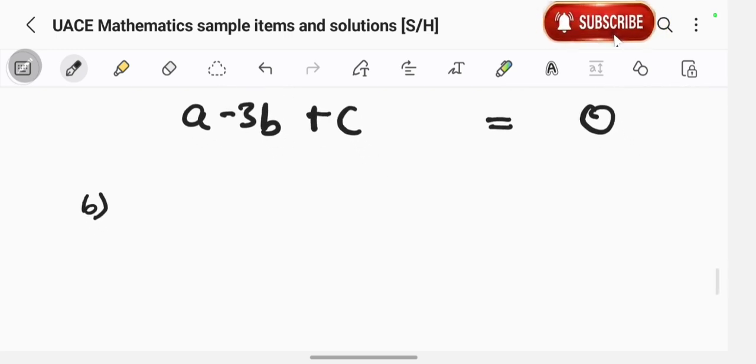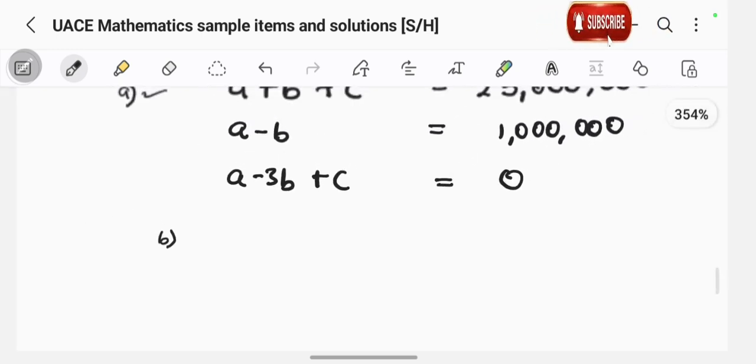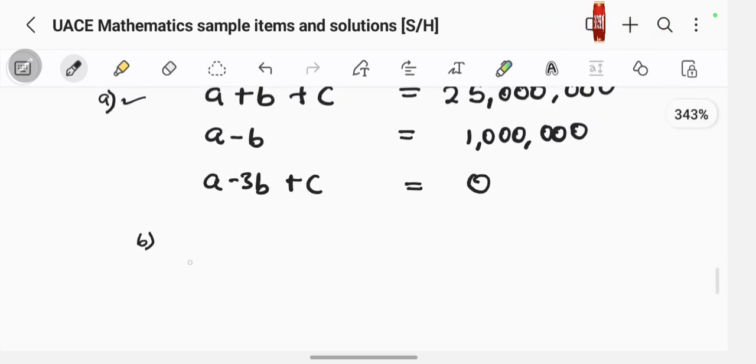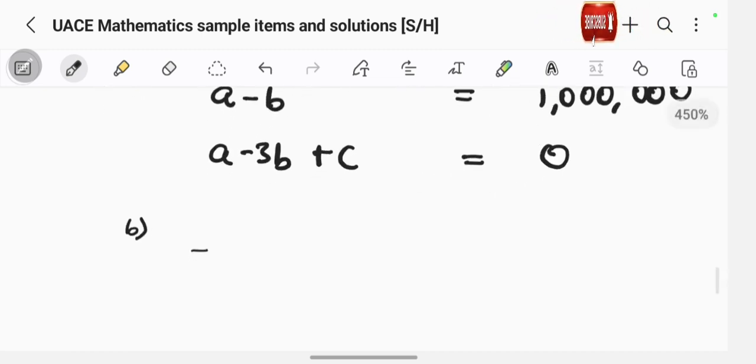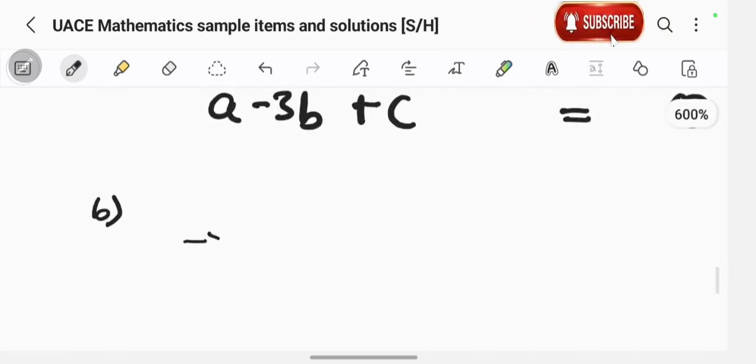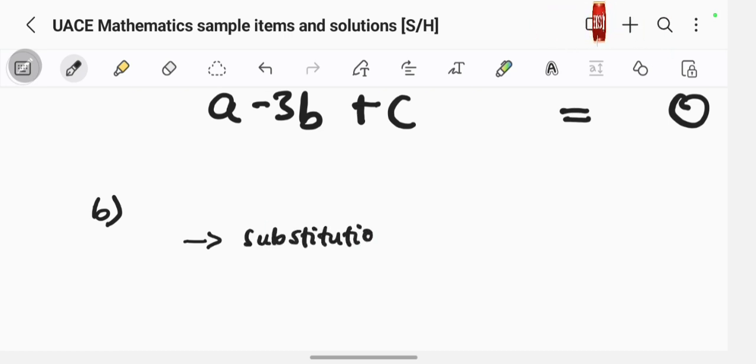So we have methods that we use in solving simultaneous equations. The first method that is very common is substitution. Then the second is elimination.